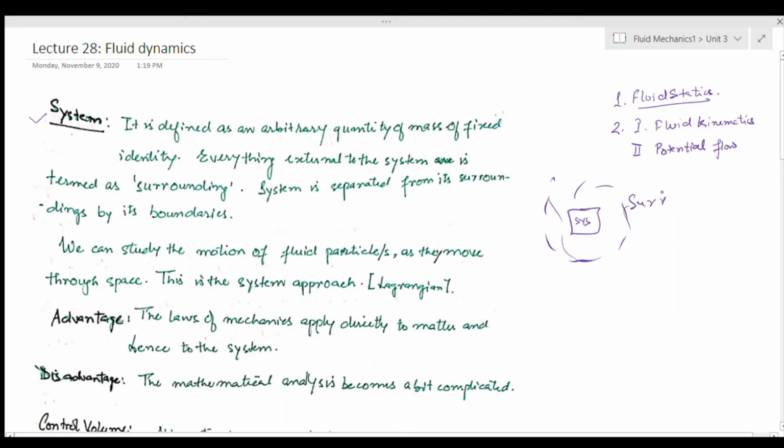Now the system is separated from its surrounding by its boundaries. This would be known as boundary. The system is separated through the boundary.